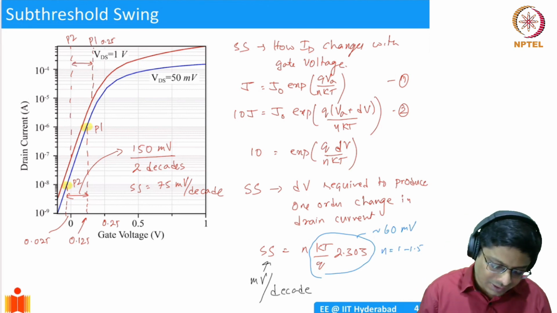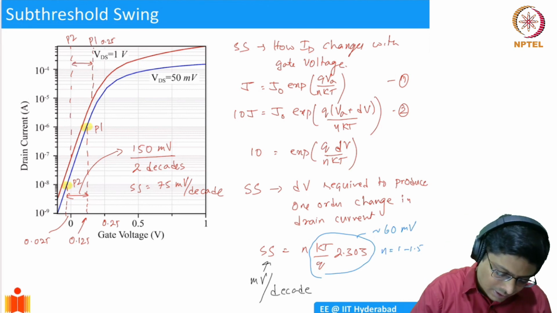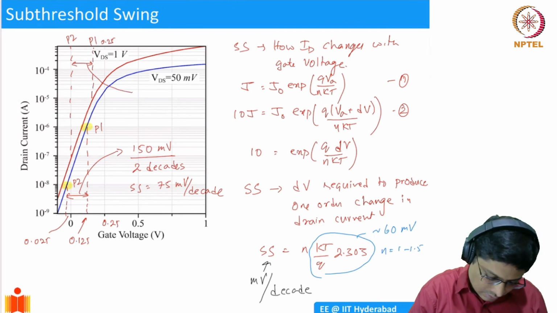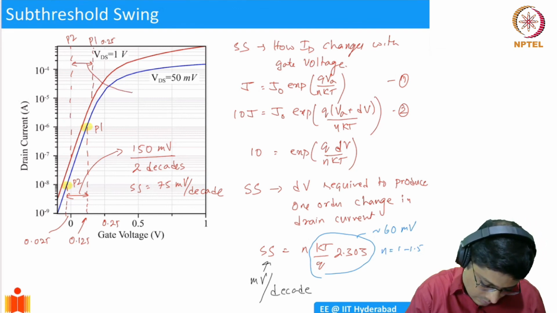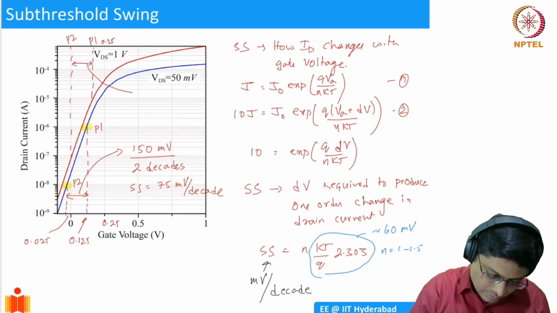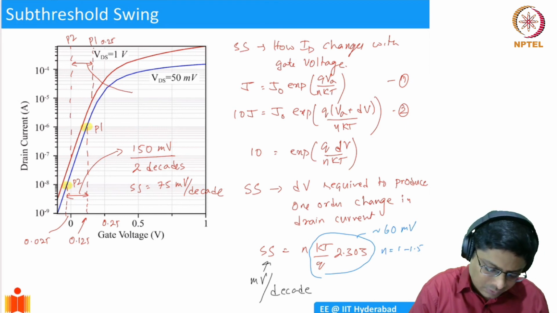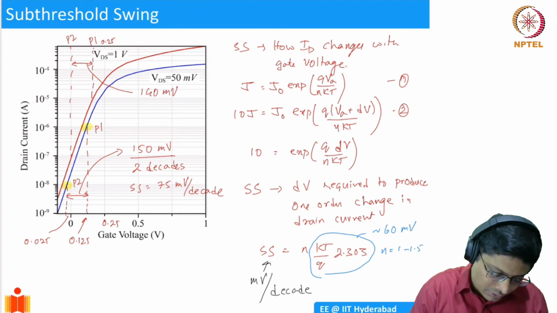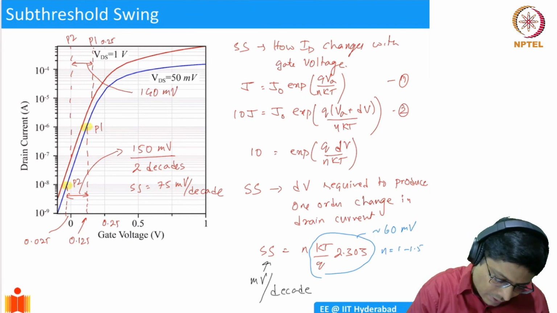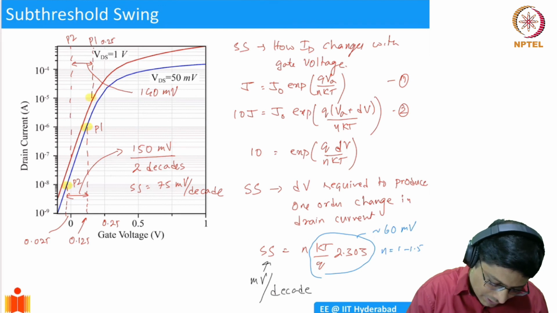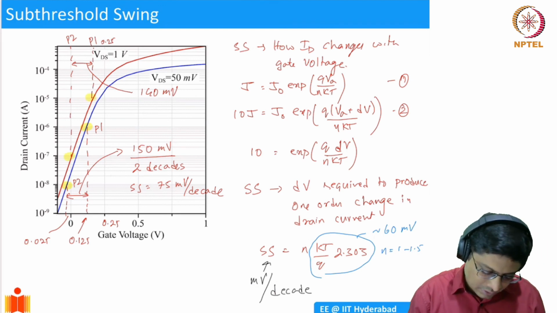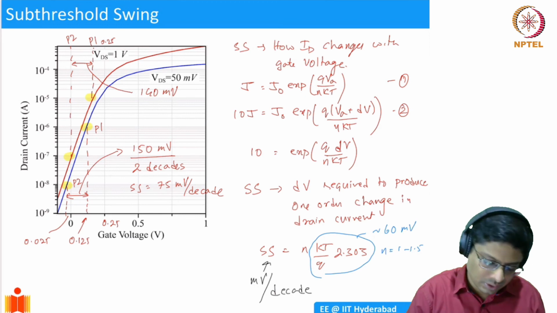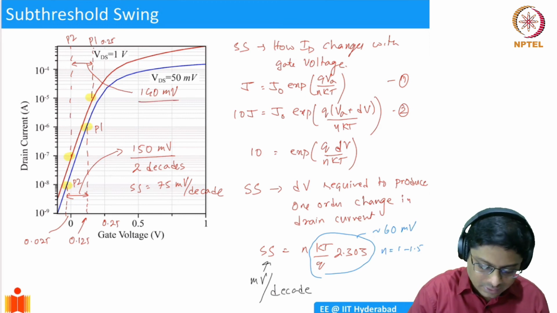Maybe 130, 140 millivolts. The distance is 140 millivolts, I'll say. And on the y-axis, this is 10 power minus 5 and this is 10 power minus 7. So again there are 2 decades of change, so this is again 70 millivolts per decade.